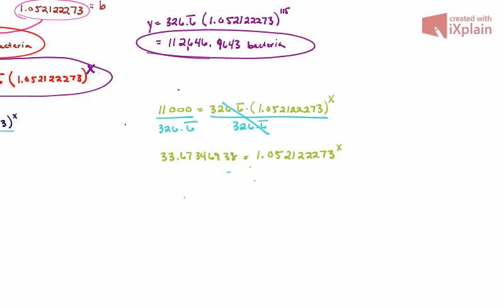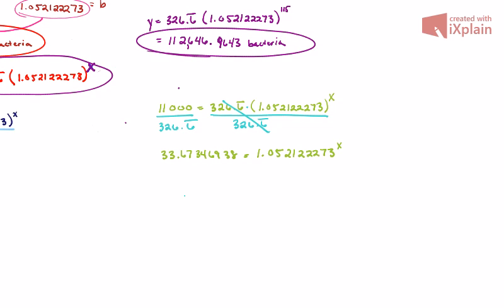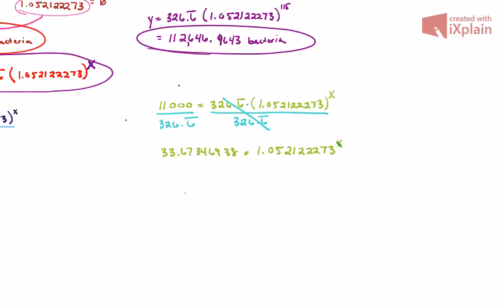This is very similar to the work that we were doing with our doubling period just a few minutes ago. My x variable is stuck in that position, so in order to bring it down, I can use my logarithm property. It's completely okay to put a log into your equation so long as you do it on both sides. What you do to one side, you must do to the other.